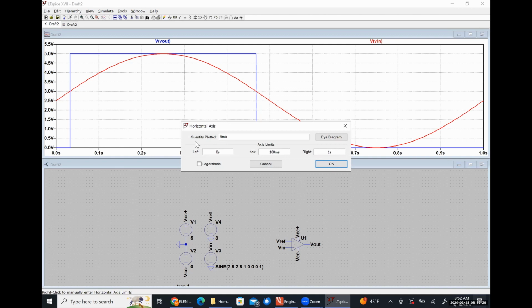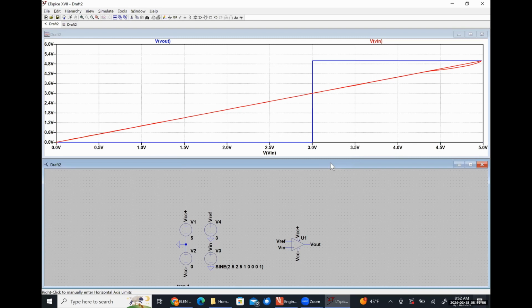Right here where it says quantity plotted, this is our independent variable. This is what's on our x-axis. So we can change this from time to our input voltage. I'm going to say I want the voltage at node Vin. Press OK.